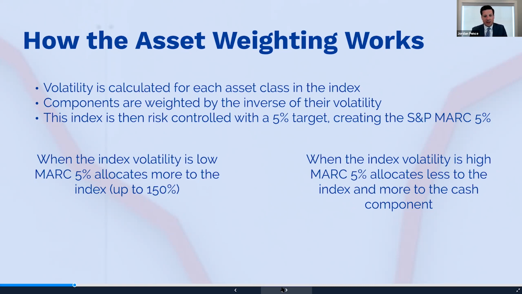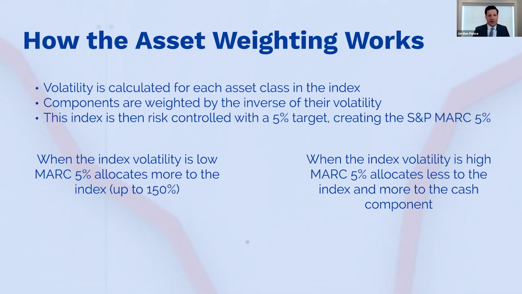The more volatile each asset is, or individually assets are, the less they will weight. So if volatility goes up, they weight it less. They're trying to target really 5%. That's where you get the 5%, Mark V. They haven't exactly hit that perfectly over time, but that's the target.